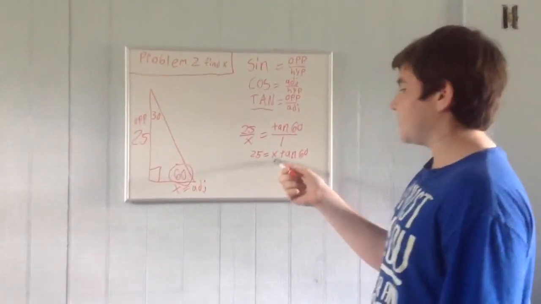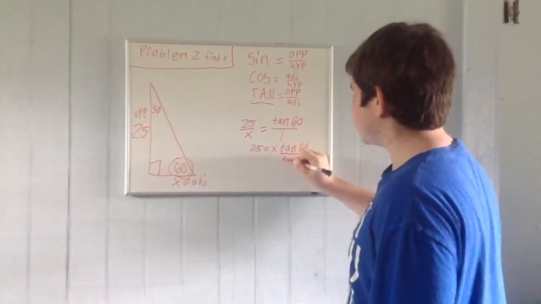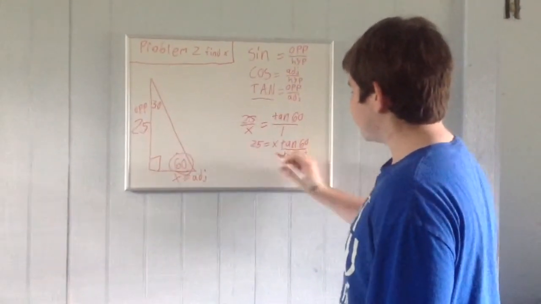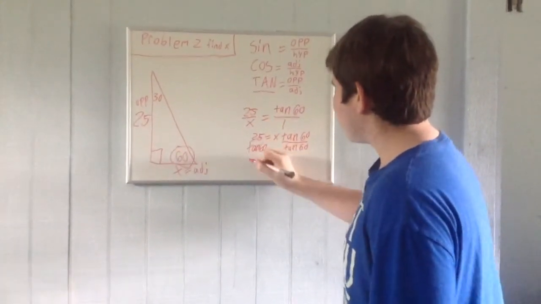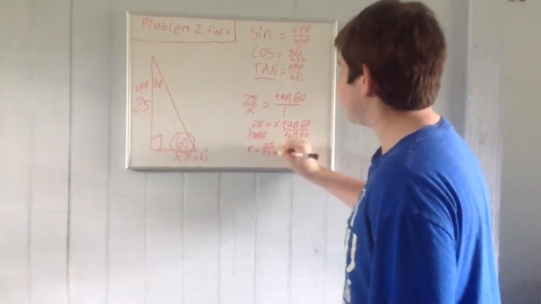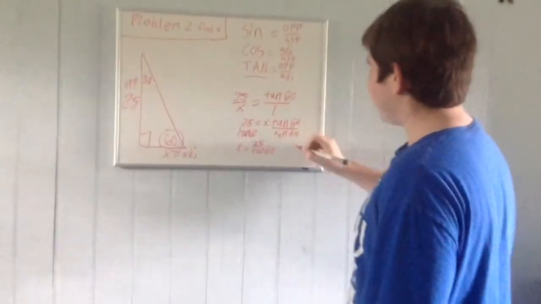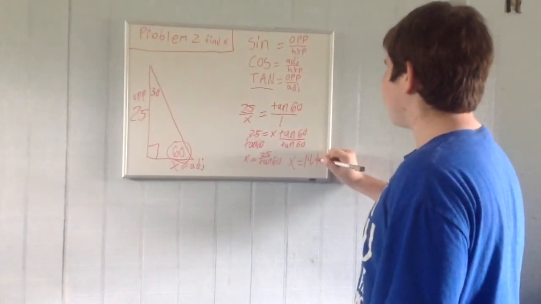But x has to be by itself. So we divide tangent 60 to the other side. So x becomes 25 divided by tan 60. And if you put that into a calculator, x will become 14.43.